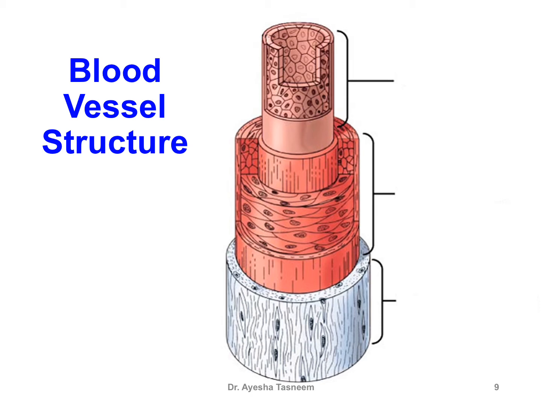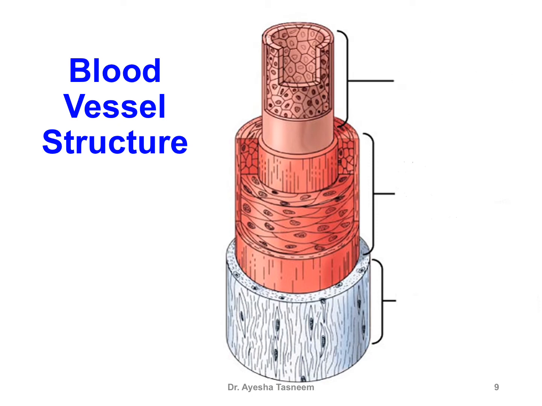Then the middle layer is the tunica media, composed of smooth muscles, and in the end we have the tunica adventitia that has connective tissue that merges with the structures in the organs present around it.